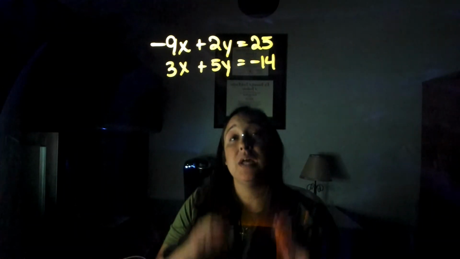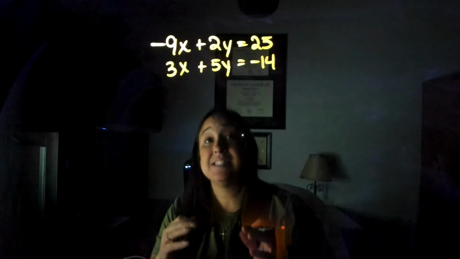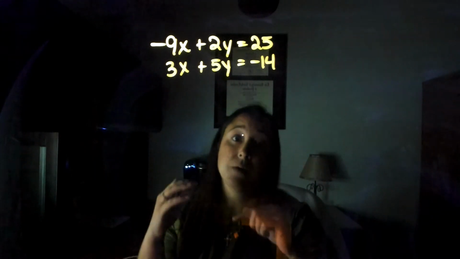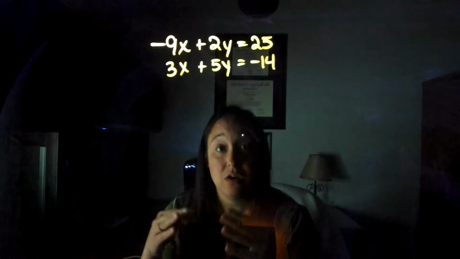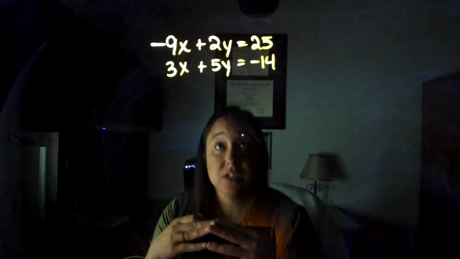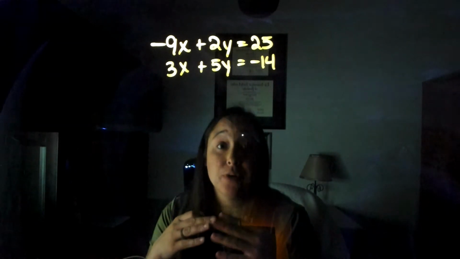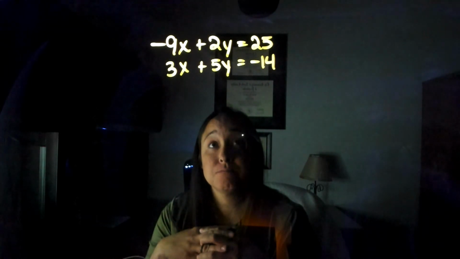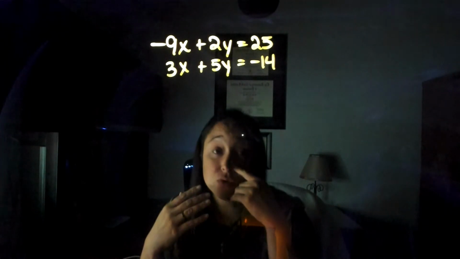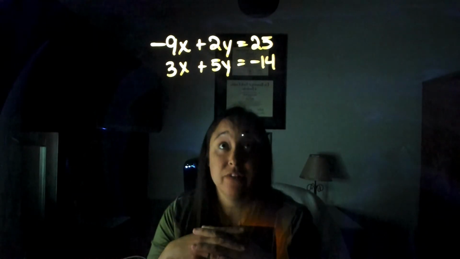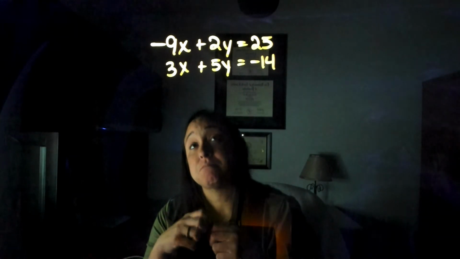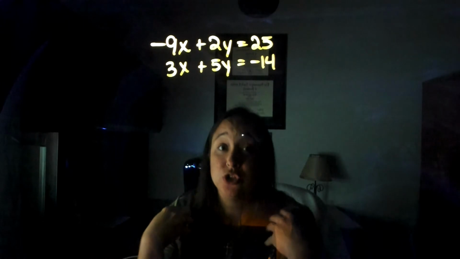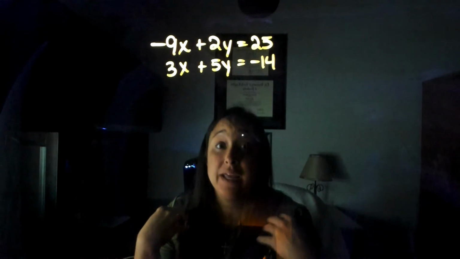All right, so when I look at this, there's a number of different ways we can solve a system of equations, and a number of different methods for eliminating variables or solving for a particular variable. But what I want to use here is the elimination method.